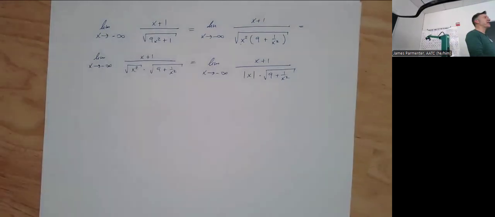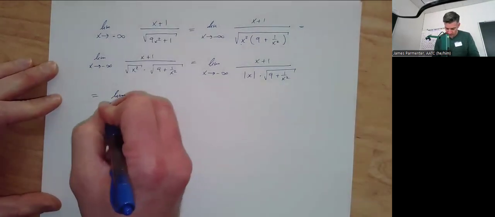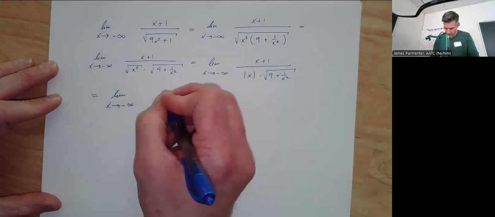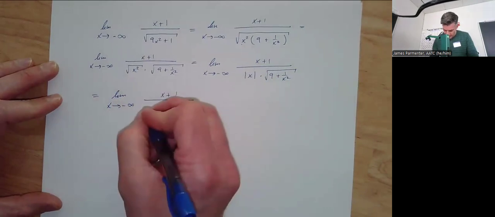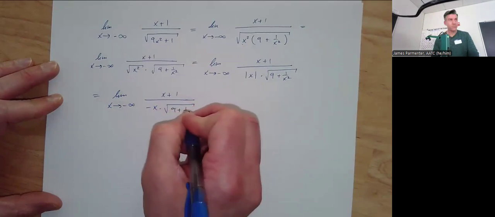X couldn't be more negative if it's approaching negative infinity. So for this limit, we have to say that the absolute value of x is equal to negative x. So we're going to rewrite this as the limit as x approaches negative infinity of x plus 1 over negative x times the square root of 9 plus 1 over x squared.